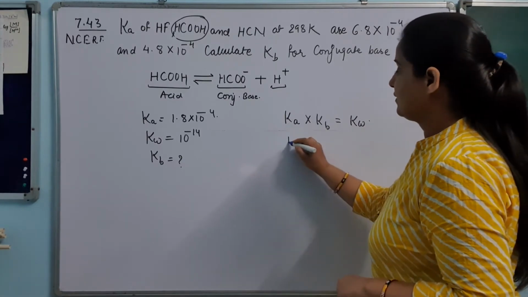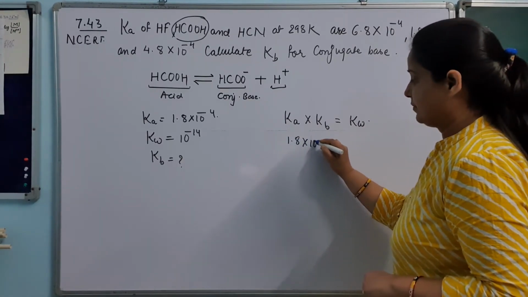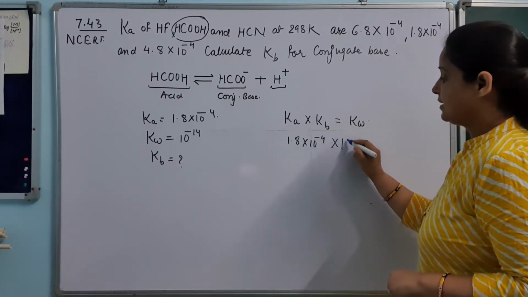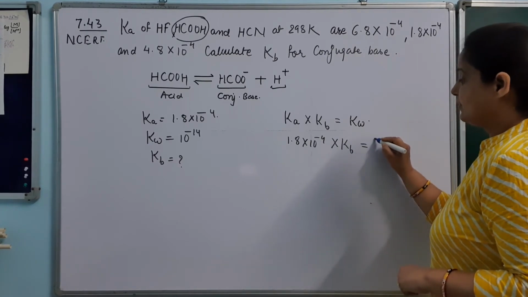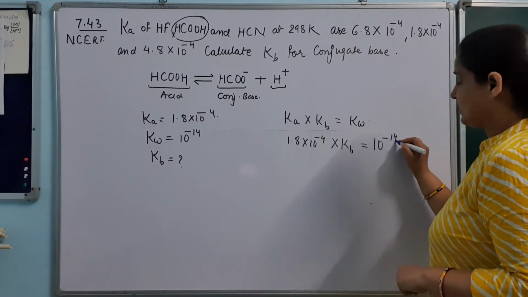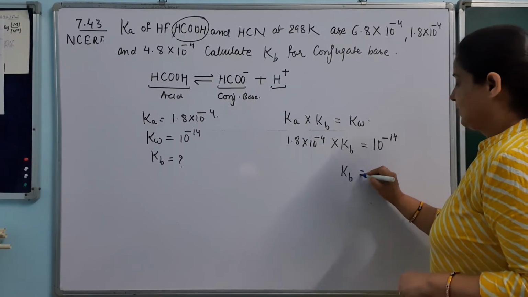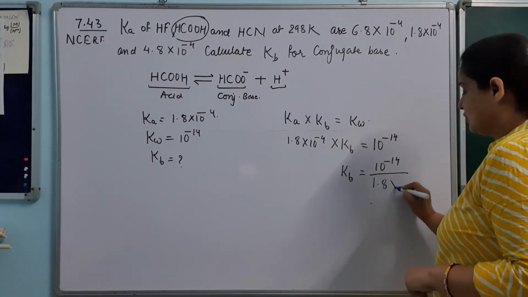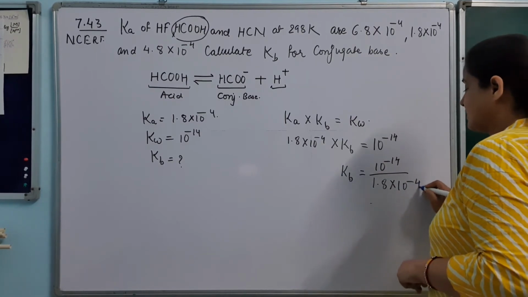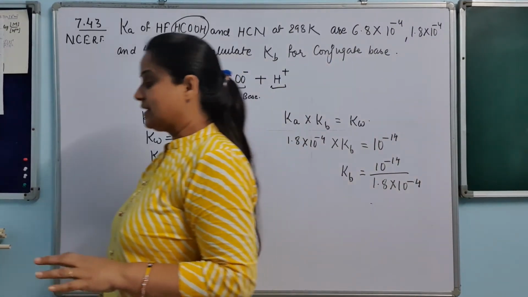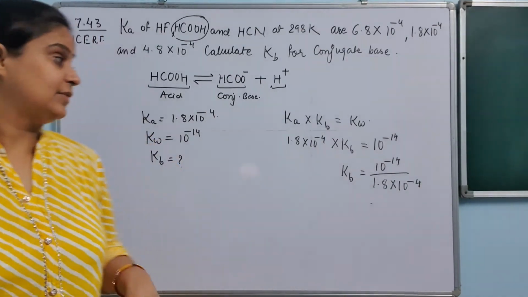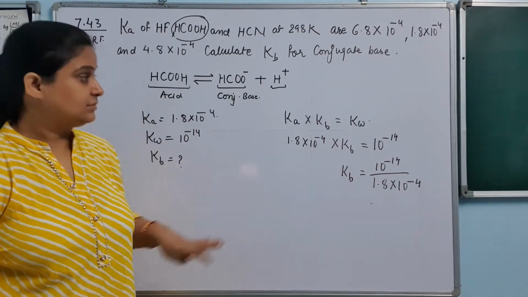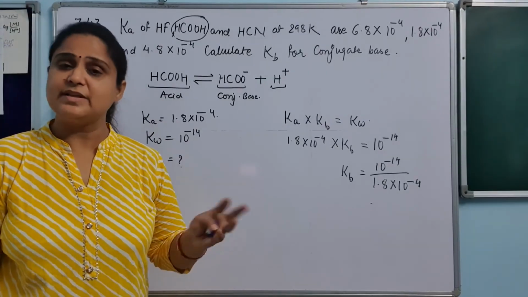So Ka is 1.8 into 10 raised to power minus 4, Kb is what is asked, and Kw is 10 raised to power minus 14. So Kb will be 10 raised to power minus 14 divided by 1.8 into 10 raised to power minus 4. This way you can easily calculate the value of Kb, and this is how you are going to attempt the question. This is a simple one.